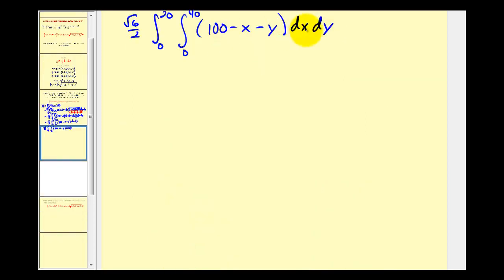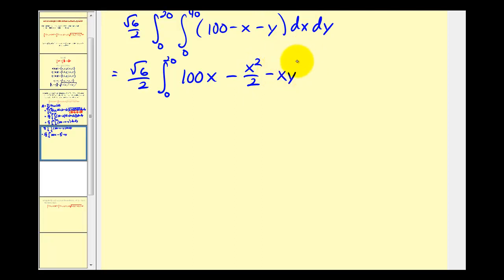Now we'll integrate with respect to x, treating y as a constant. So we'll have 100x minus x squared over 2 minus xy. And we'll evaluate this when x is equal to 40 and when x is equal to 0. Notice when x is 0, everything here is going to be 0, so we can just replace x with 40.